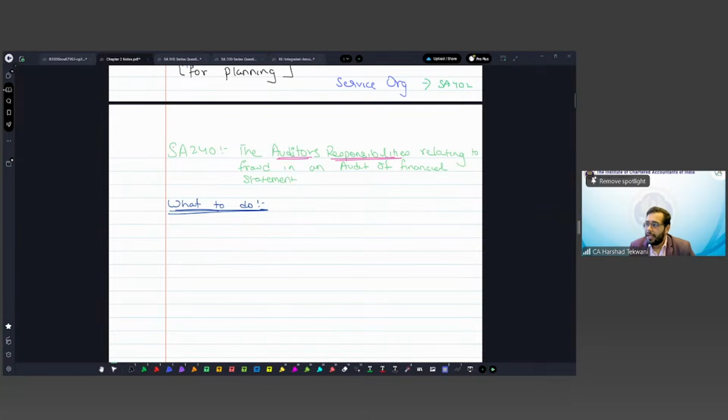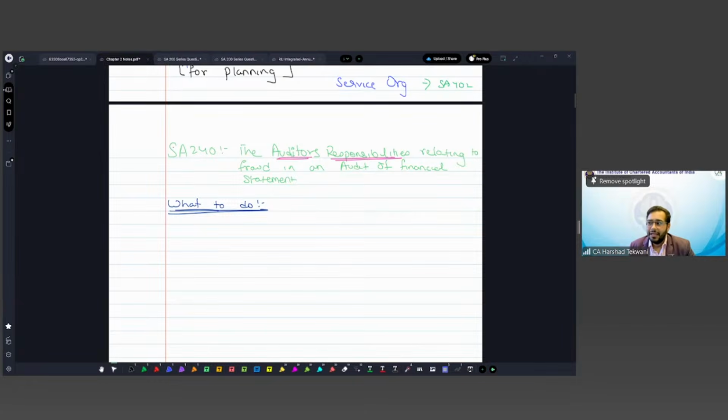Good. Yes. Now you are absolutely correct. So over here, we will understand what management is doing with respect to fraud. One thing was their consideration: are they considerate about the fraud? Are they understanding the risk of the fraud or not?